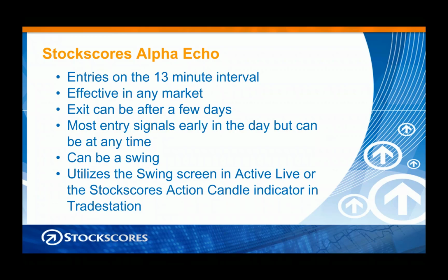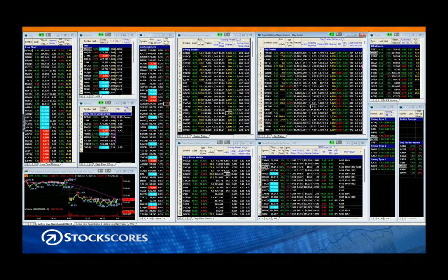It utilizes the swing screen in the Active Live desktop, or you can apply it yourself in TradeStation using the Stockscores action candle. And so if we go back to our desktop here, this is the swing trader section right here. And it gives you the signal and the time.